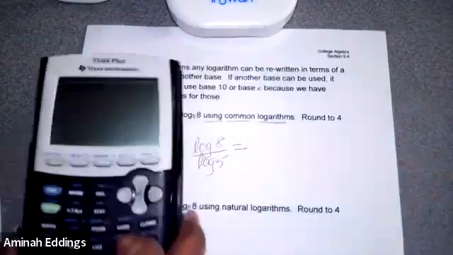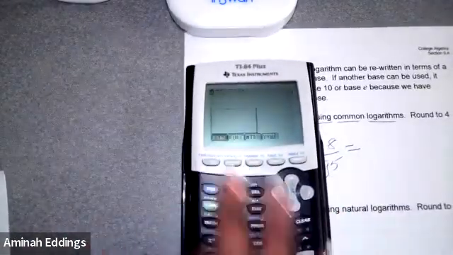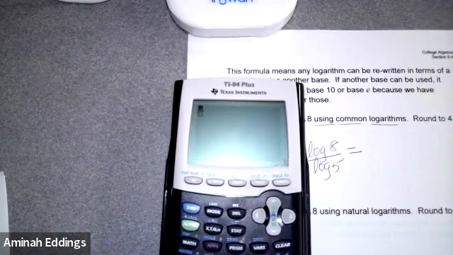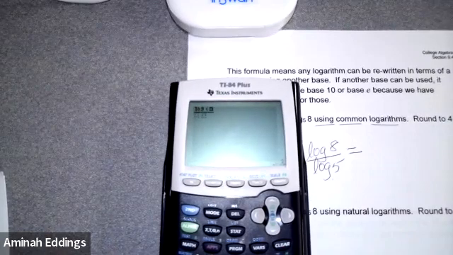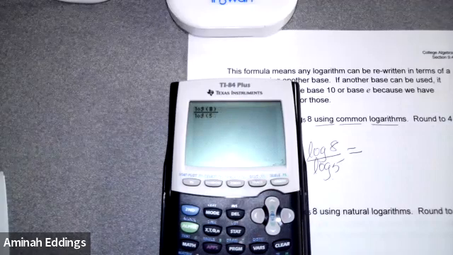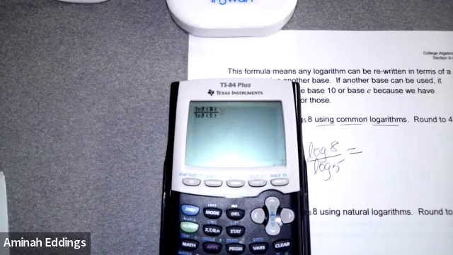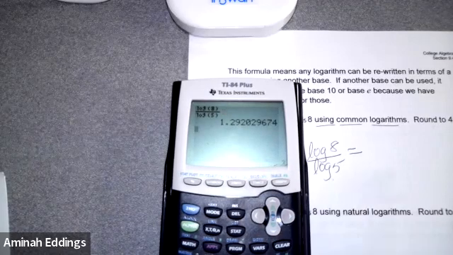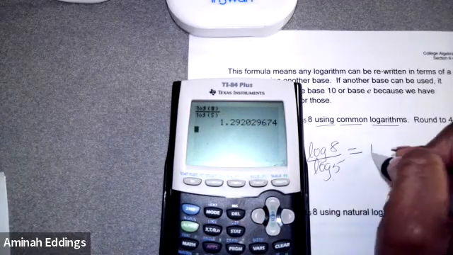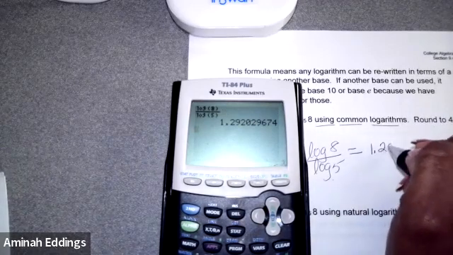So in my calculator, we're going to do alpha y equals to get a fraction. And then we had log 8 in our numerator divided by log 5. Everybody with me? It asks us to round to 4 decimal places. And so my answer is 1.2920.